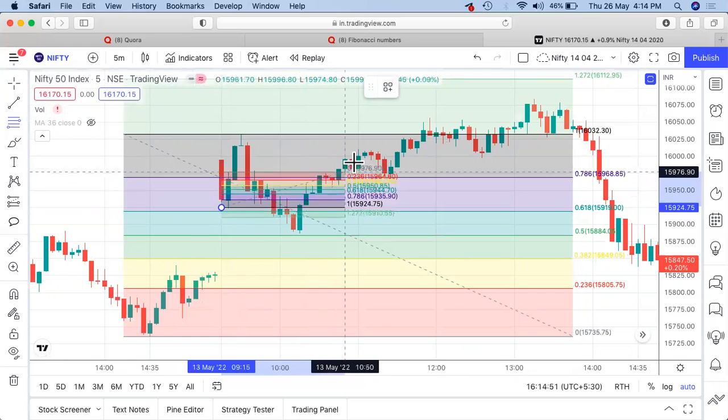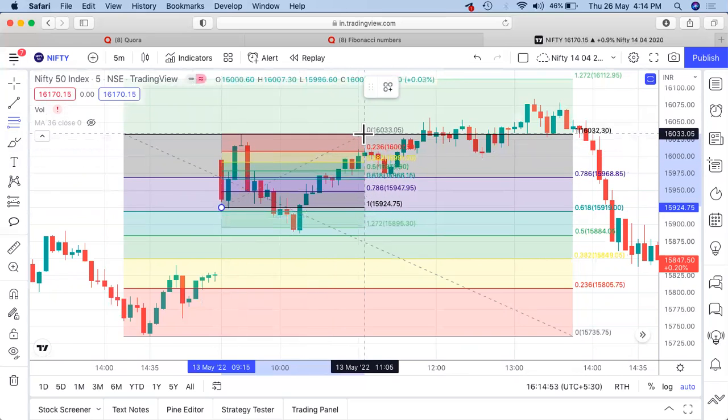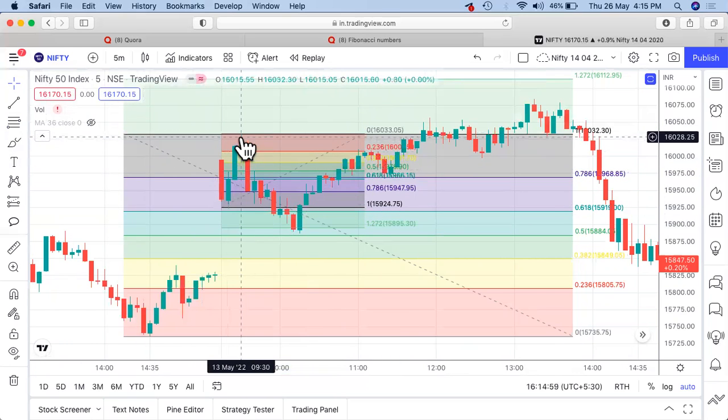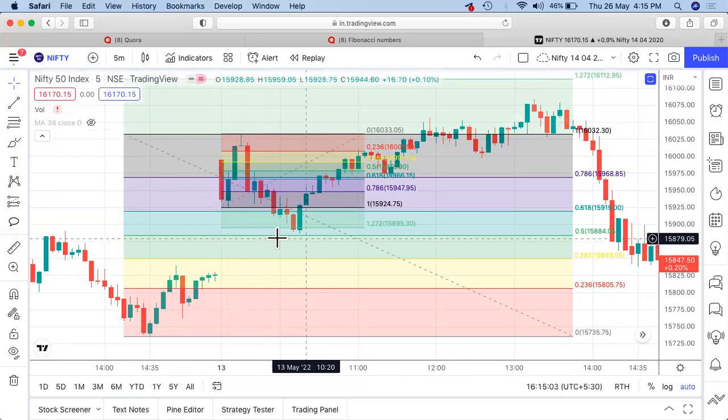For example, I know this is the opening, this is the closing. I mean the low, the high, and after that I get an extension which is somewhere around 1.272. So ideally I can take an entry at this point also.